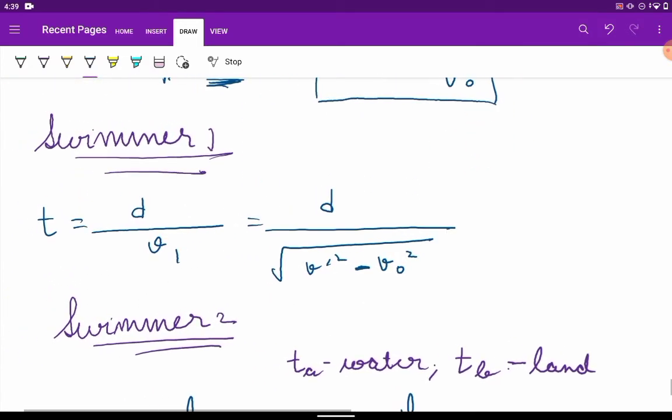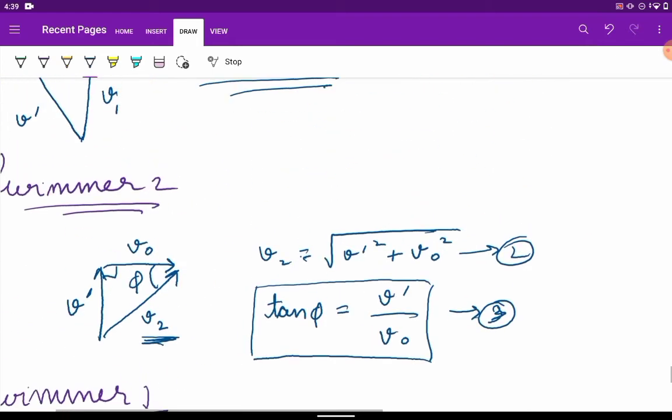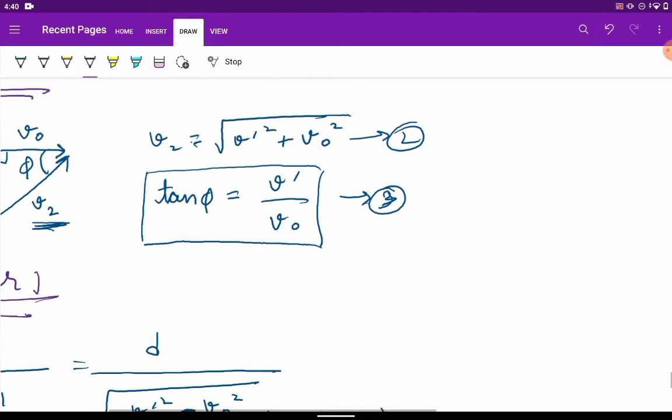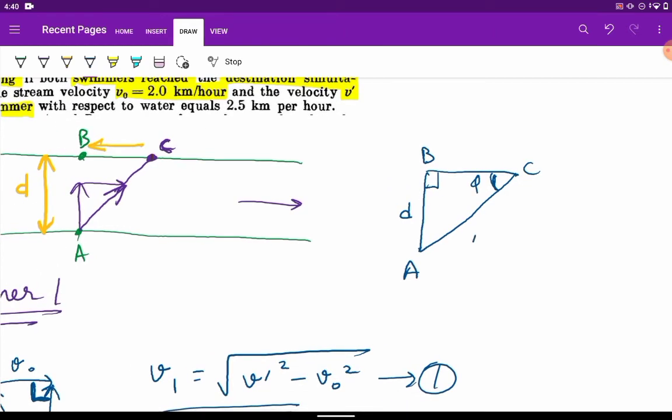So this basically came from 1, right? Now this is coming from 2, v dash square plus v naught square. This is from 2.